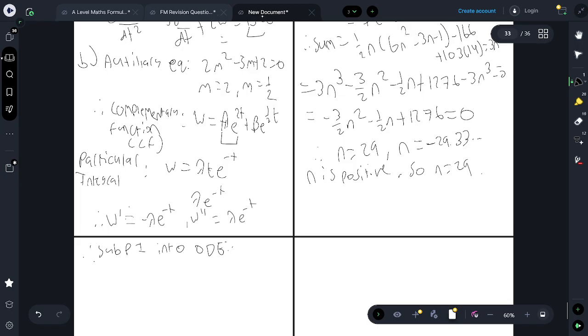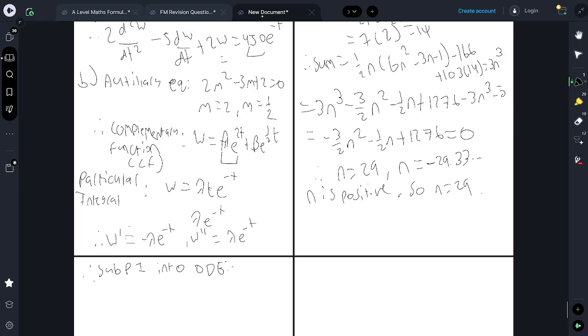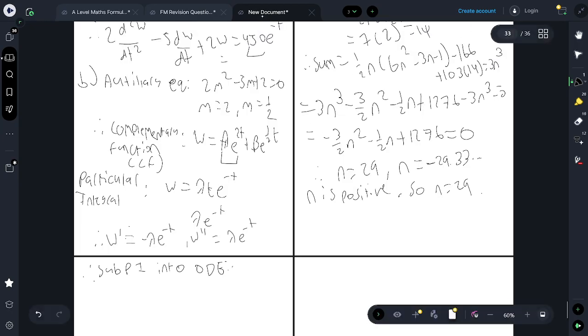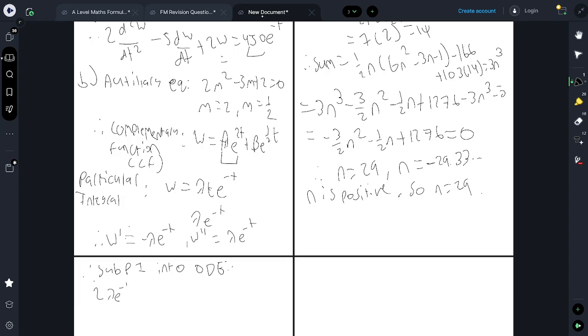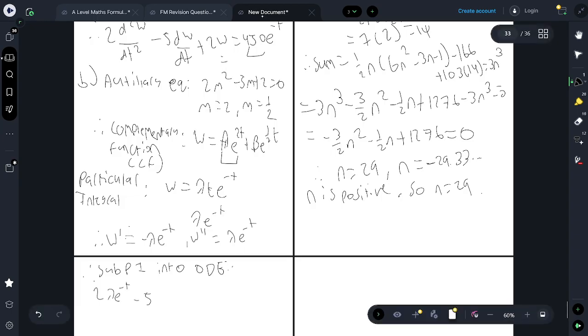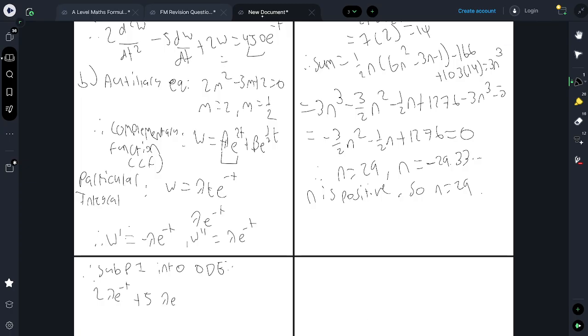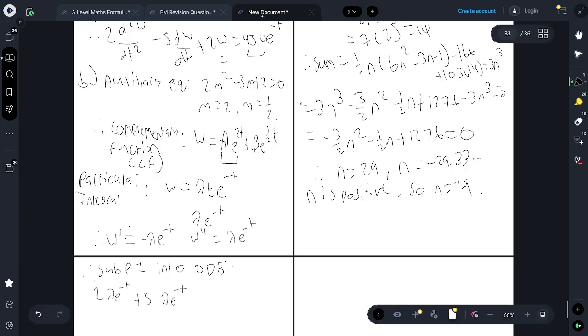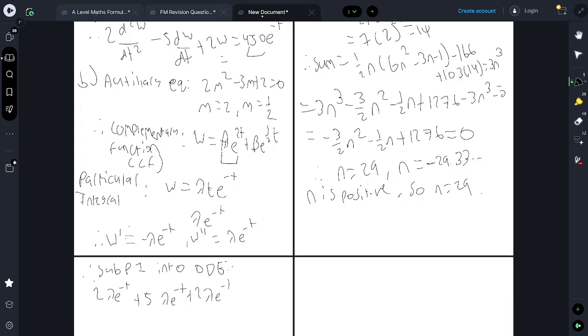This should be a refresher course, hopefully. But this is going to be 2 lambda e to the minus t, minus 5 of minus lambda, so it's plus 5 lambda e to the minus t, plus 2W, so that's plus 2 lambda e to the minus t.